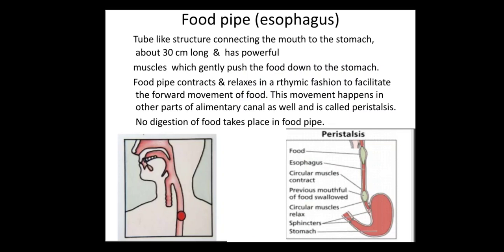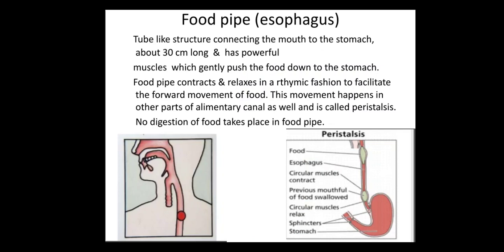Buccal cavity remains attached to stomach with the help of a tube-like structure which is about 30 centimeter long. It has strong muscles which gently push the food down. The food pipe contracts and relaxes in rhythmic fashion to facilitate the forward movement of the food.